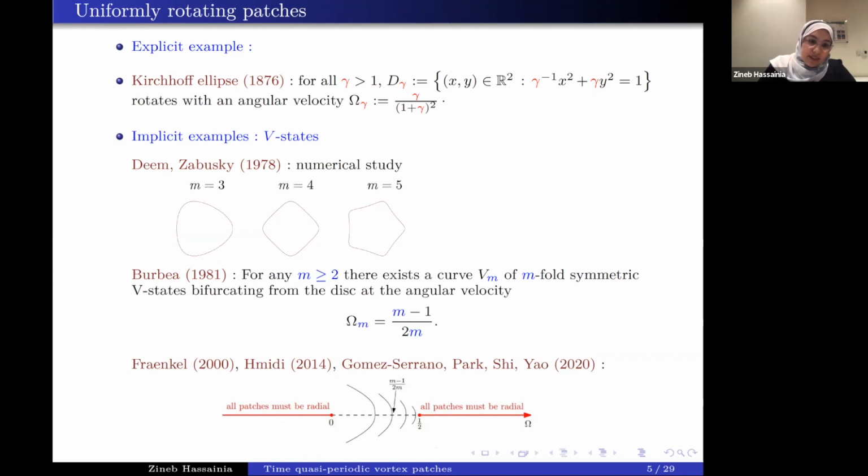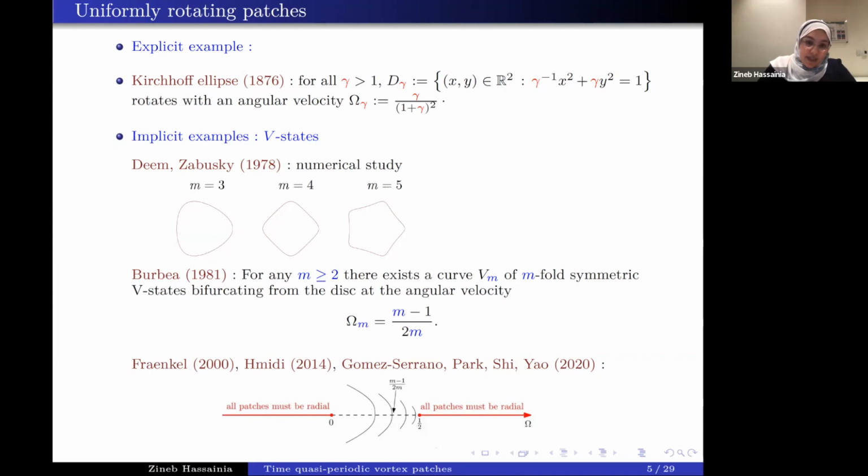In 1978, Deem and Zabusky numerically observed a countable family of rotating solutions that they called V-states. Those solutions are m-fold symmetric, which means that they have the same symmetry as an m-gon.